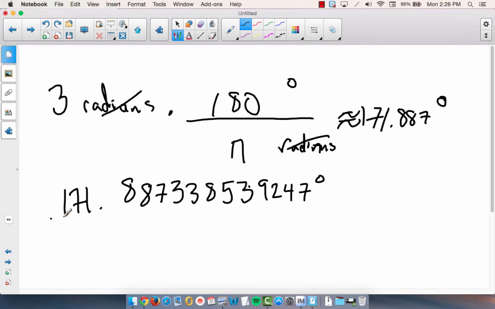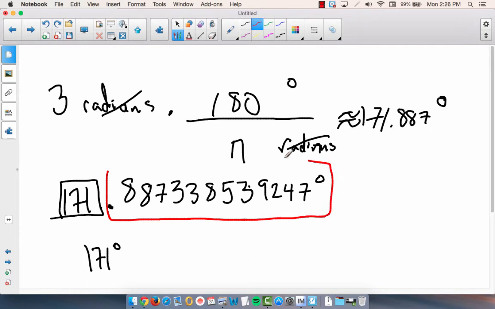I know how many degrees I have. It's right here. So that's 171 degrees. Now everything else right here, I'll circle this in red, is a fraction of a degree. So on my calculator, I'm going to subtract 171.